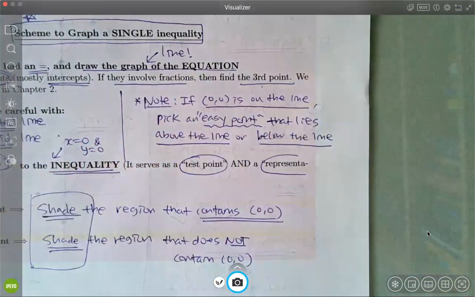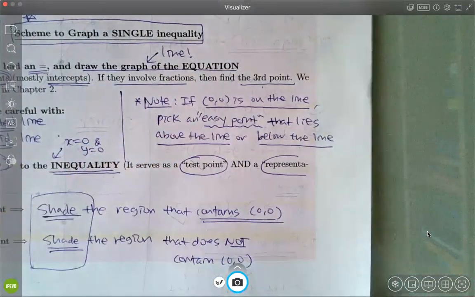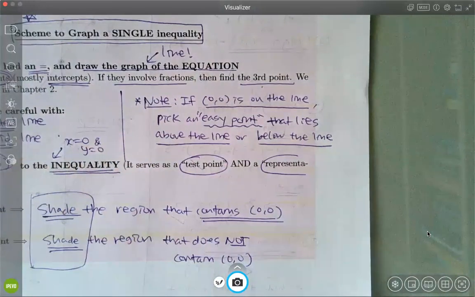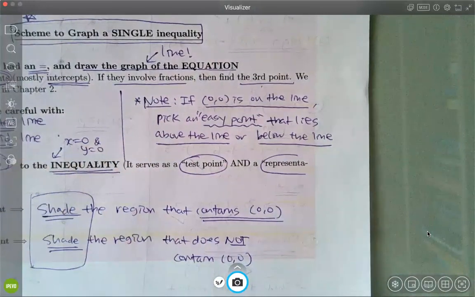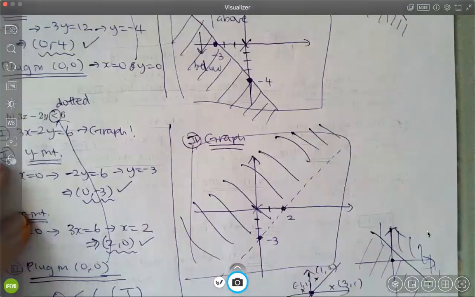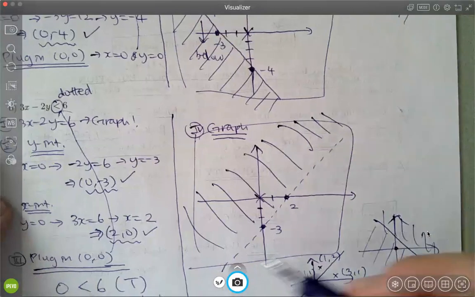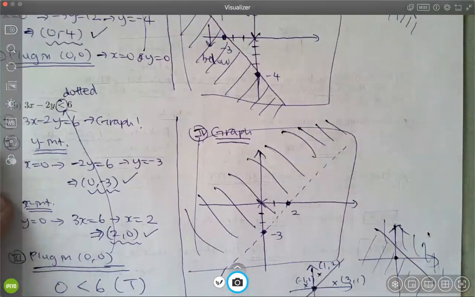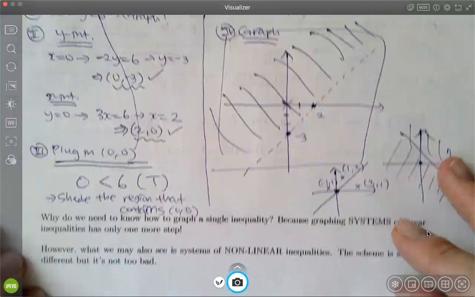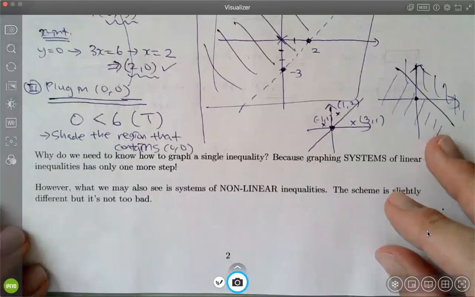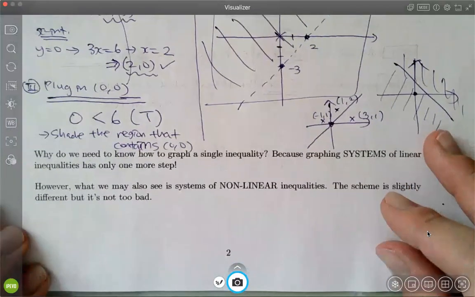Okay, so now, any questions on getting the graphs of the single inequality? Once again, your goal is to not only get the correct line, either dotted or solid, and then shade the right region. Why do we need to know how to graph these single inequalities?